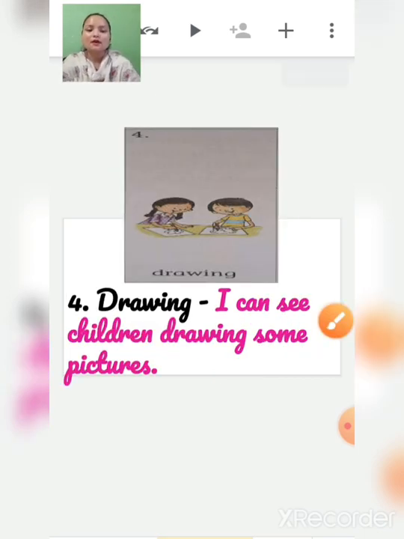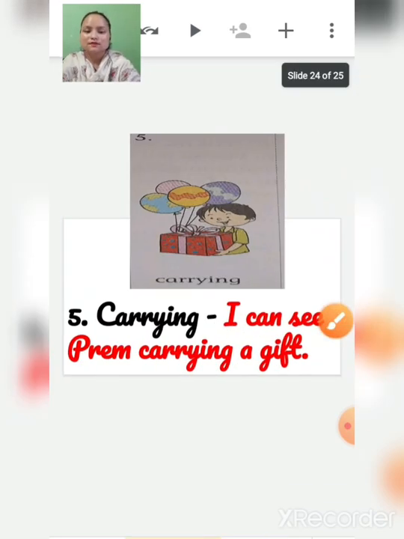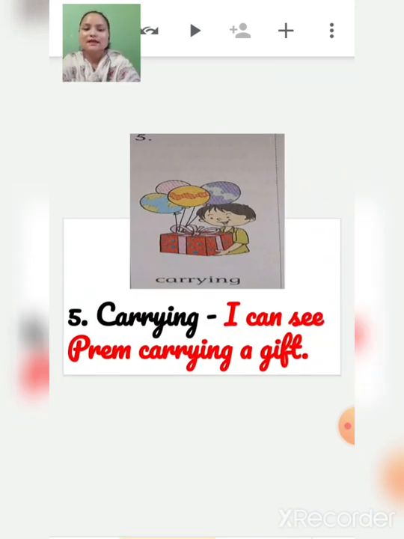Then drawing. I can see children drawing some pictures. And then fifth is carrying. I can see Prem carrying a gift.